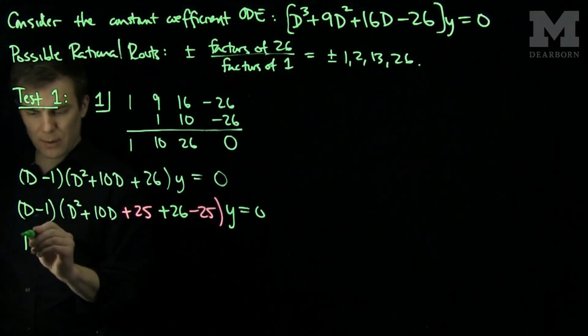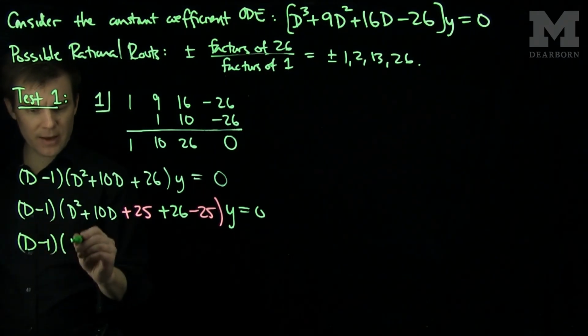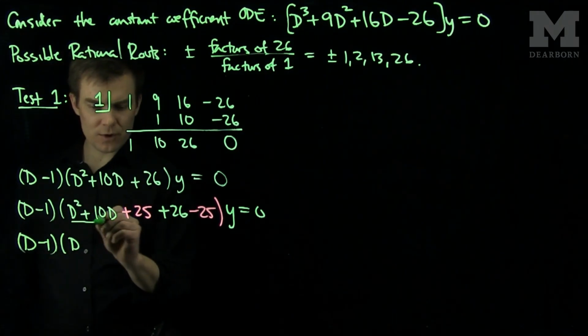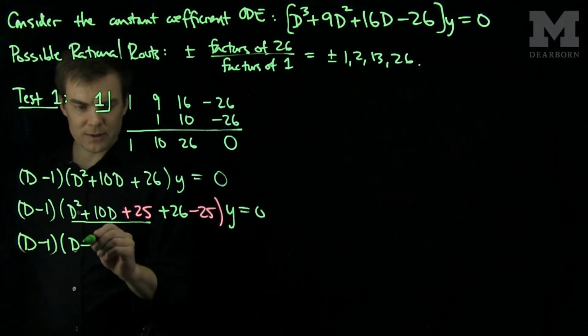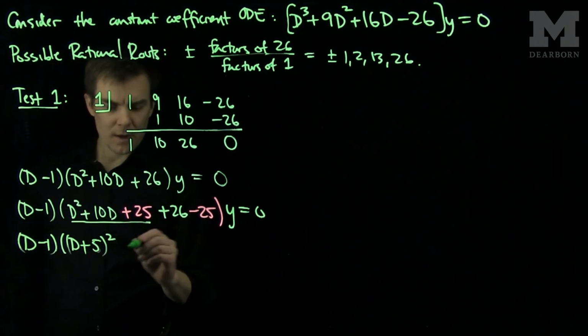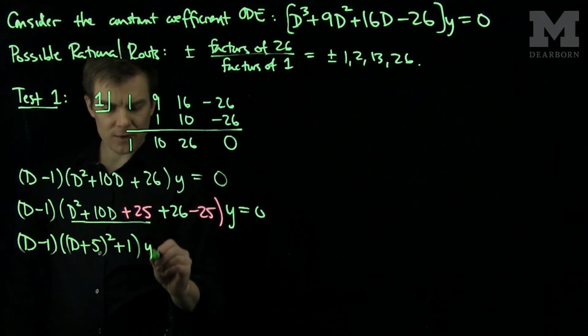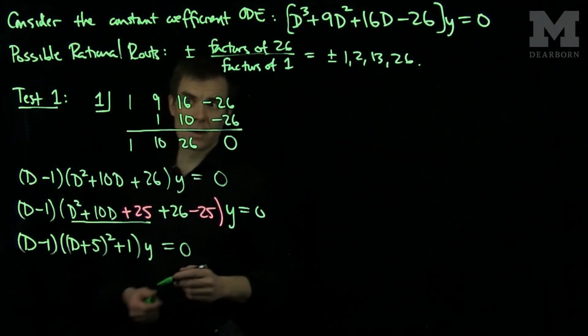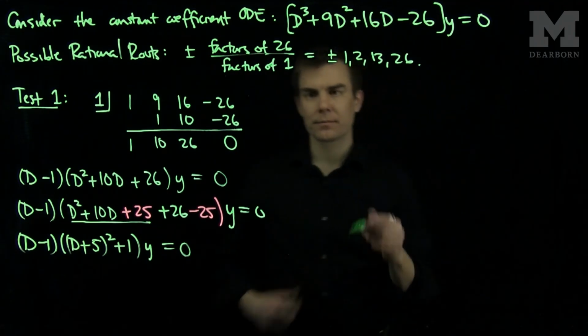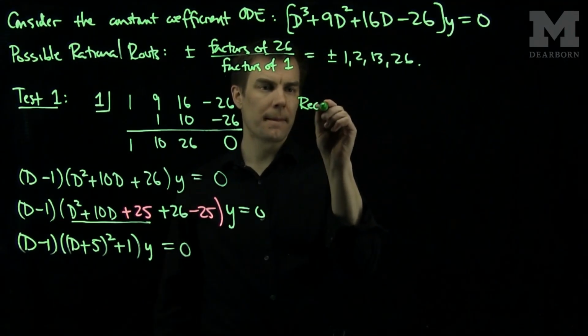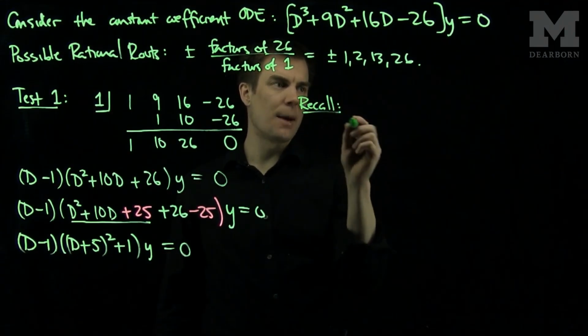So rewriting this, I will have a D minus 1 and then a D. The first 3 terms are now a perfect square. They are D plus 5 quantity squared plus 1 applied to y is equal to 0. Now we recall the following operator.